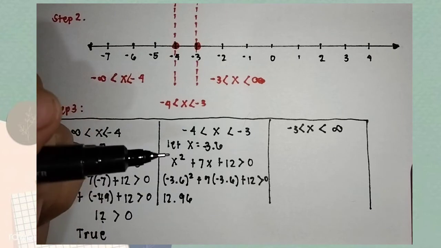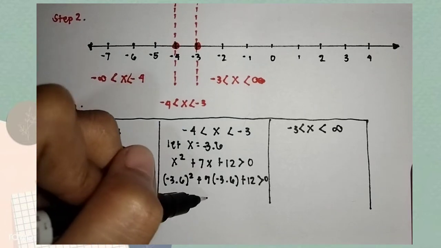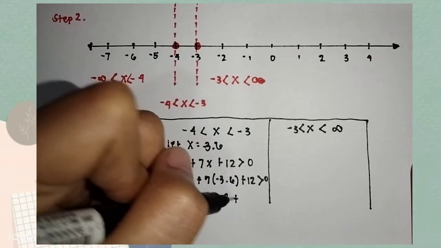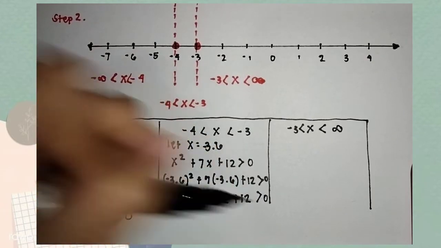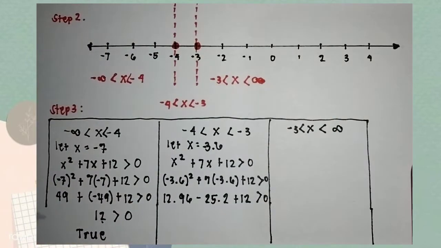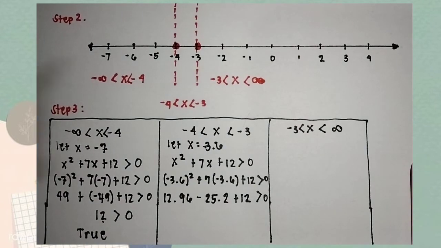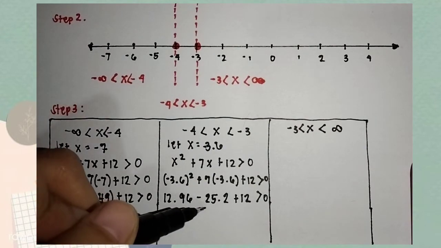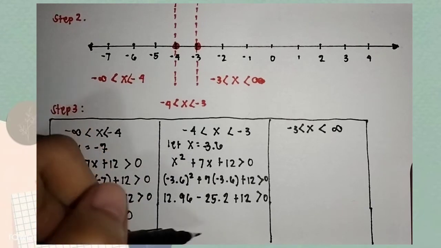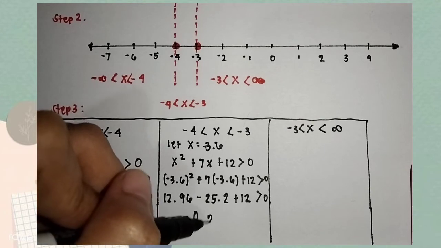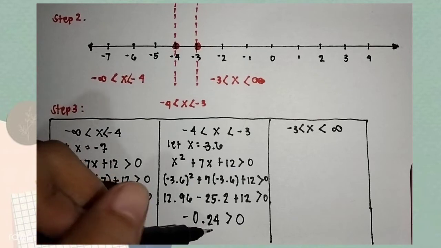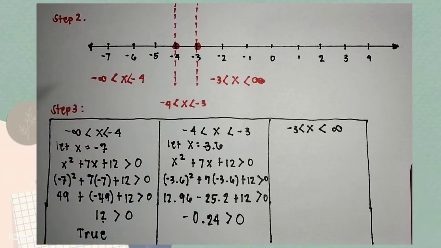Then, 7 times negative 3.6 ay negative 25.2, plus 12 greater than 0. Okay. 12.96 minus 25.2 plus 12 equals negative 0.24. Yung bang negative 0.24 ba ay greater than 0?